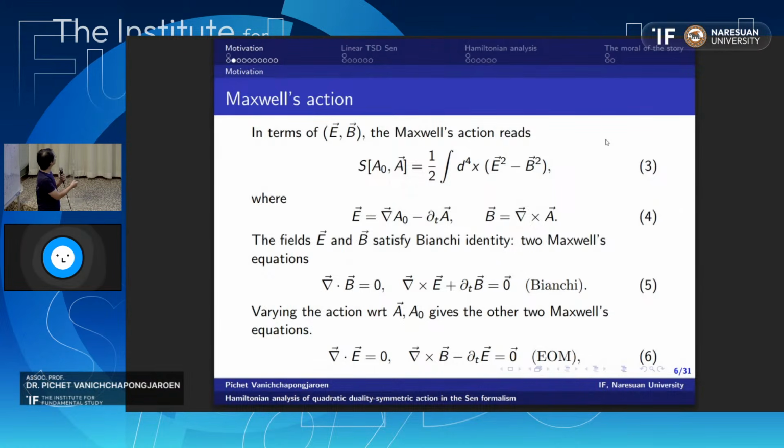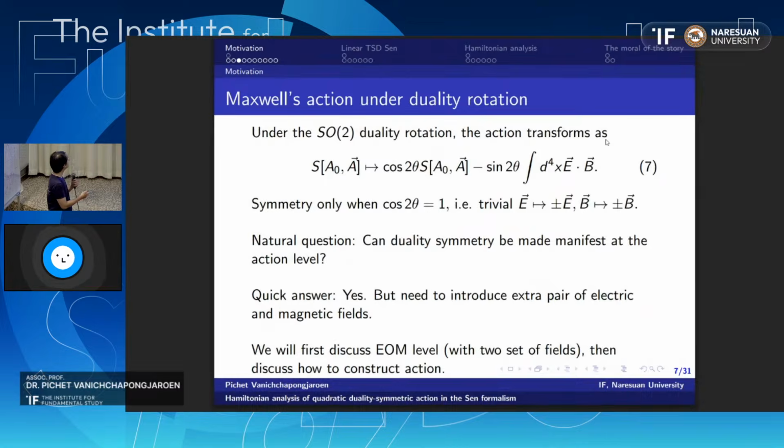Sorry, these are the equations of motion. But these two equations are what you get for free, which are called the Bianchi identities. So we have got four Maxwell equations: two come from equation of motion, two come from Bianchi identity.